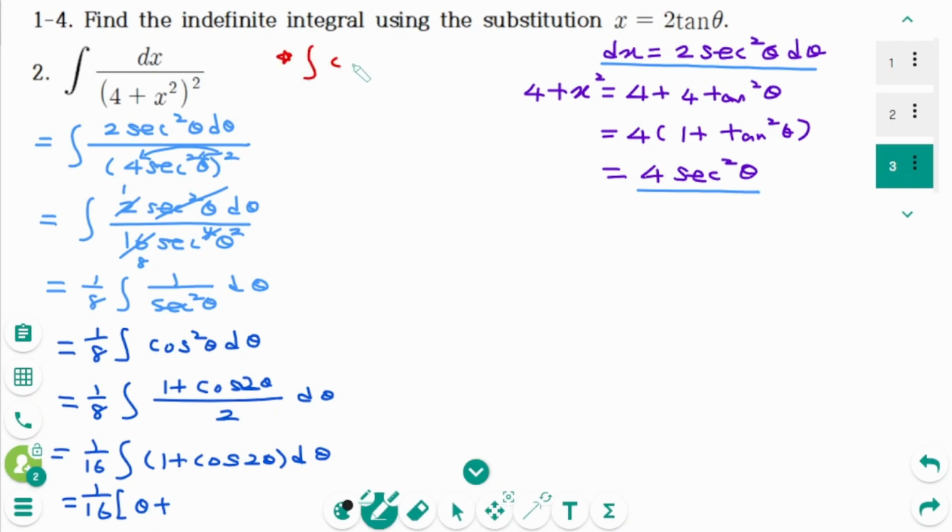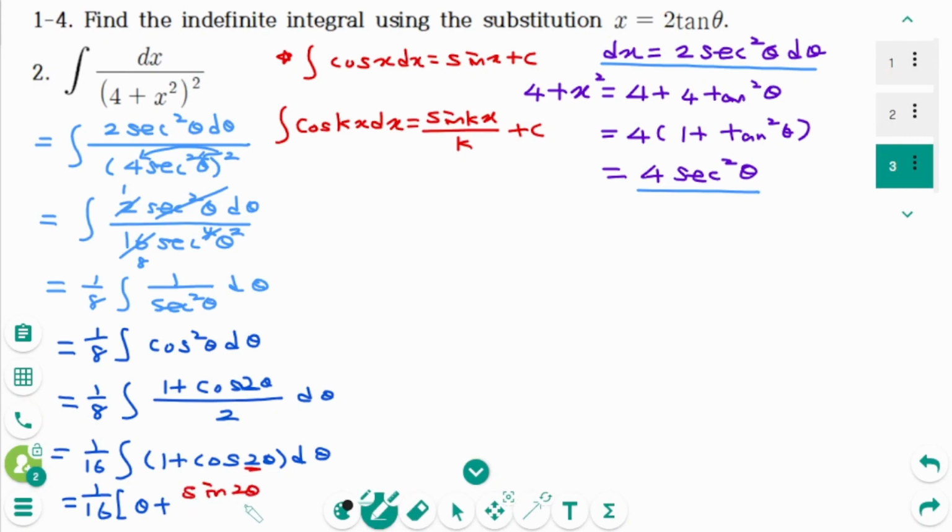The integral of cosine x dx equals sine x plus c, the integral of cosine kx dx equals sine kx over k plus c. Then in here, k is 2, then sine 2 theta over 2 plus c.